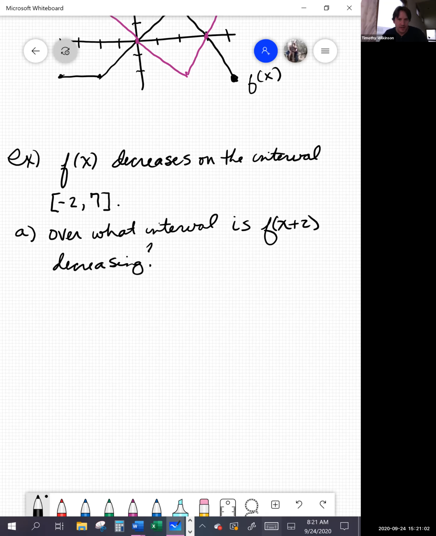Okay, so what is that negative? We got to think again about what the negative is doing. So this is a reflection across the x-axis, changing the y value.